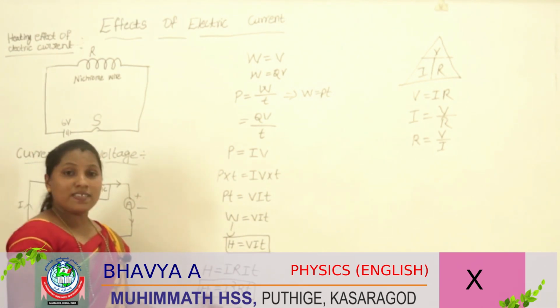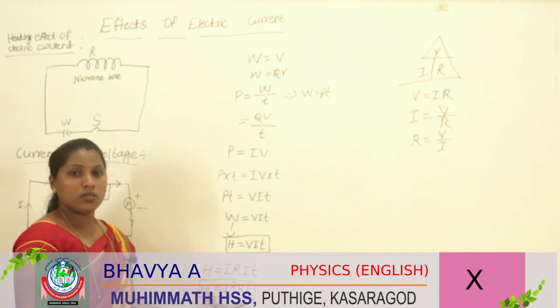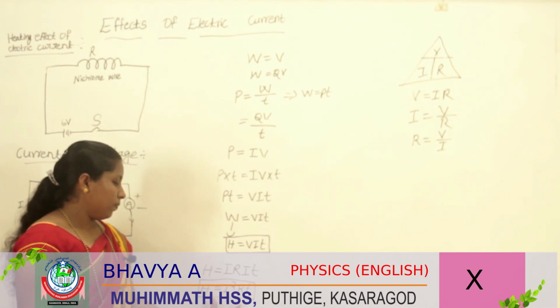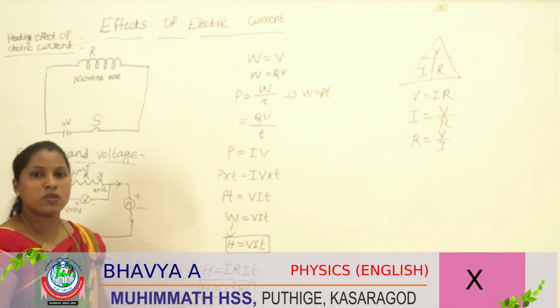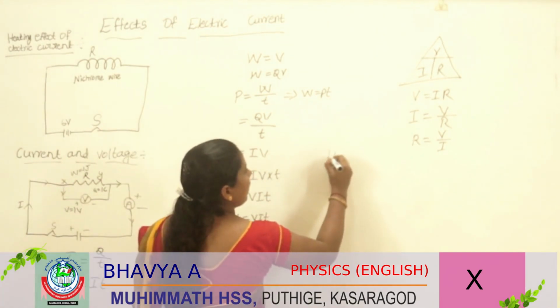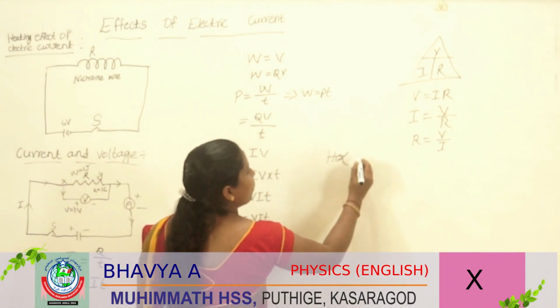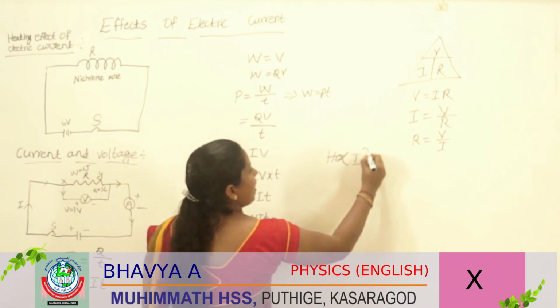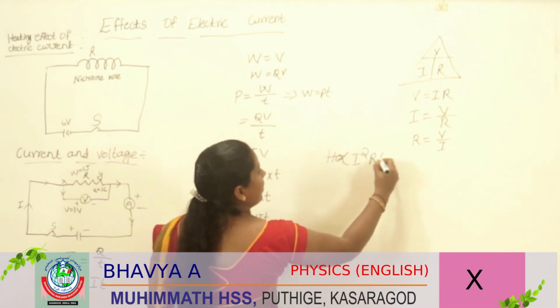H is equal to I square RT. So this equation is called Joule's law. So what is Joule's law? H is directly proportional to I square RT.